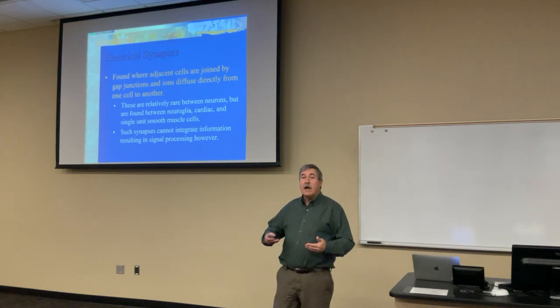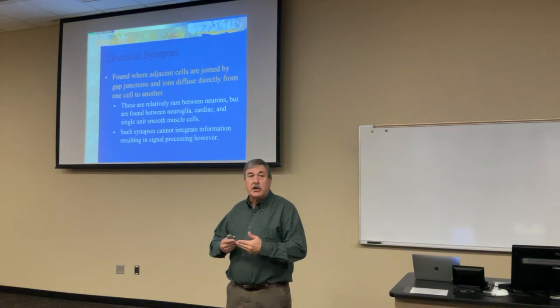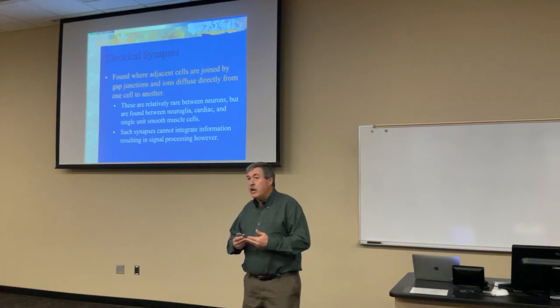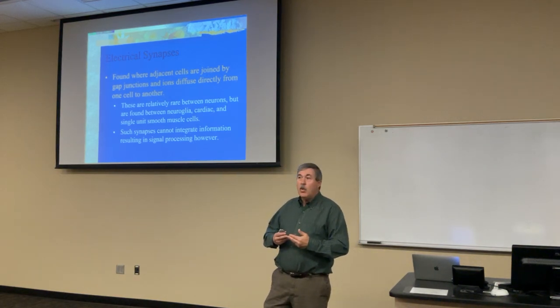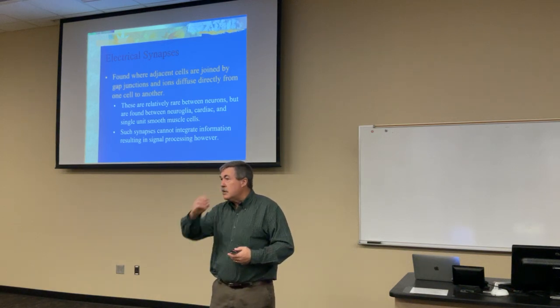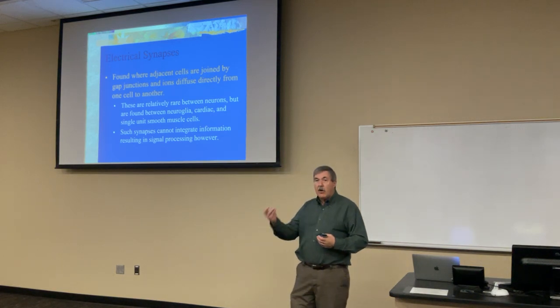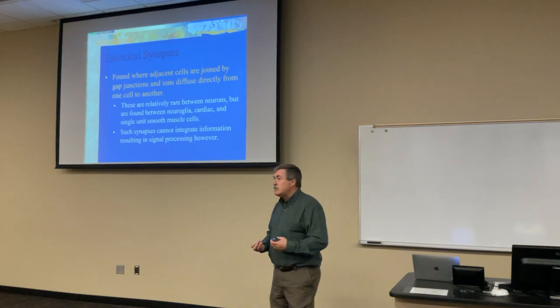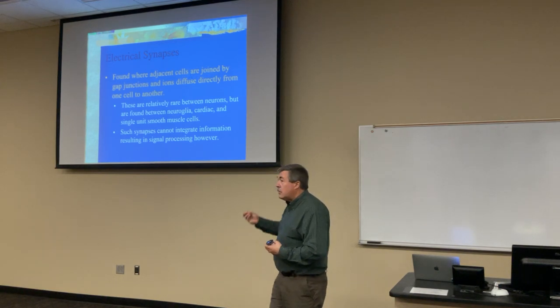The cardiac muscle fibers in the heart do form electrical synapses with adjacent cells. That way, once the heart is stimulated, those electrical signals can be conducted very rapidly through the rest of the heart so that the heart can function as a unit instead of just a whole bunch of individual cells. So electrical synapses do occur in cardiac muscle.